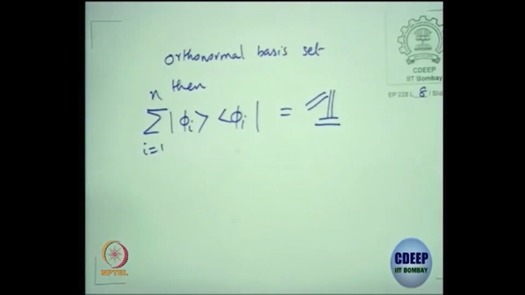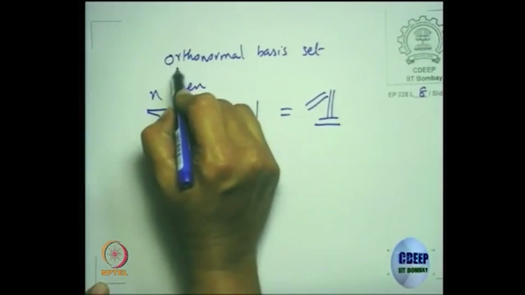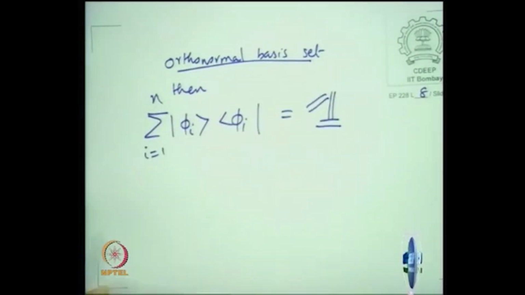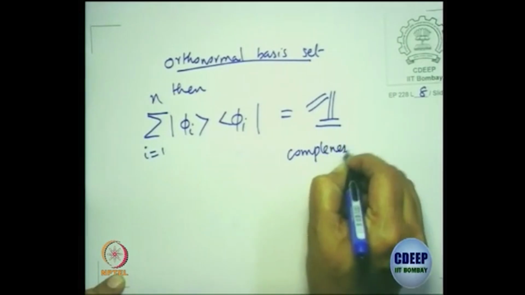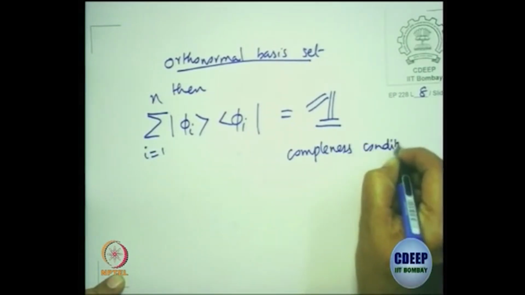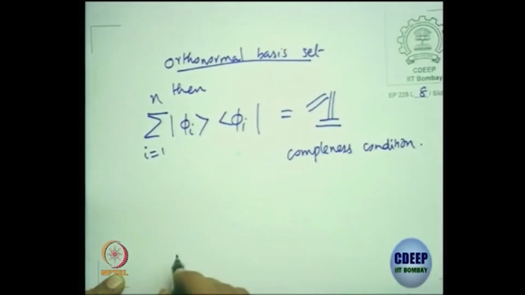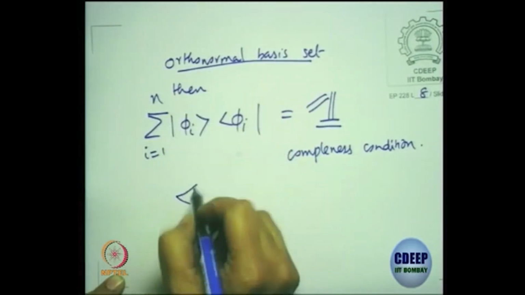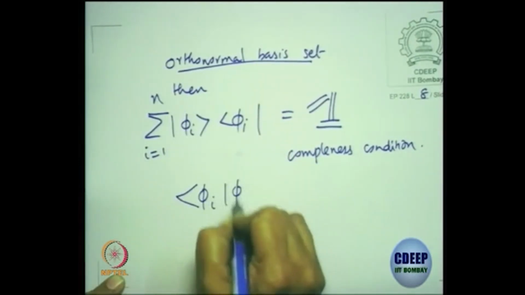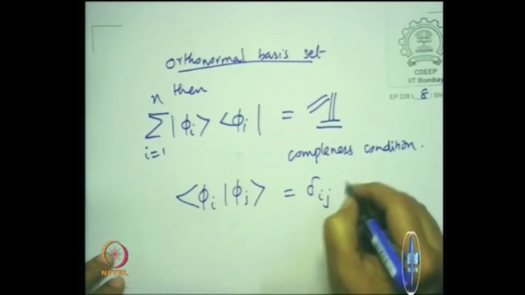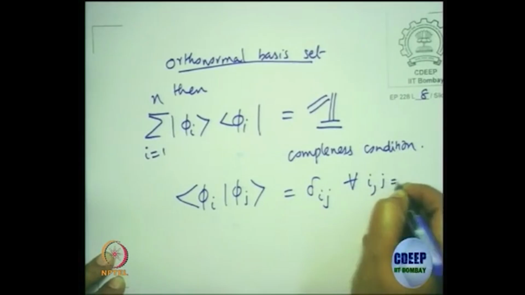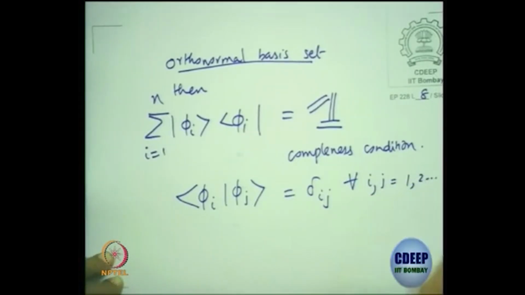This is, if I call this by definition a basis set, then this has to be satisfied. This is called the completeness condition, and once you say it's an orthonormal basis, it's understood that <phi_i|phi_j> is delta_ij for all i, j from 1 to n.